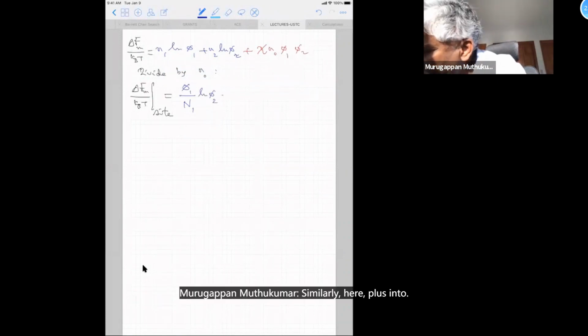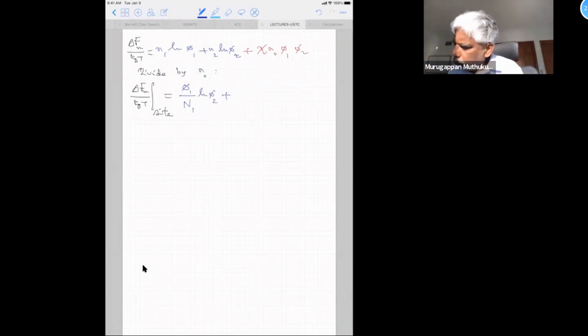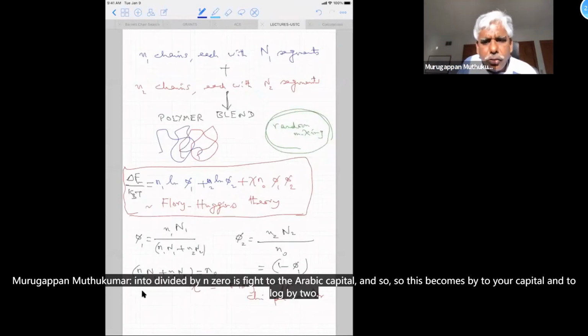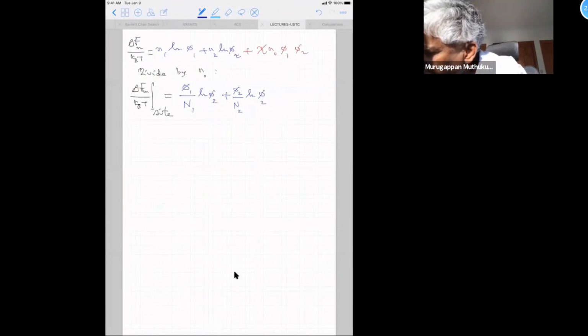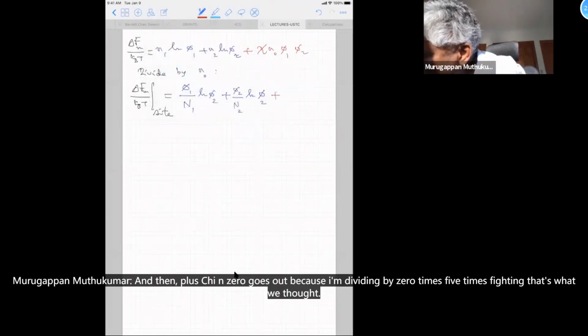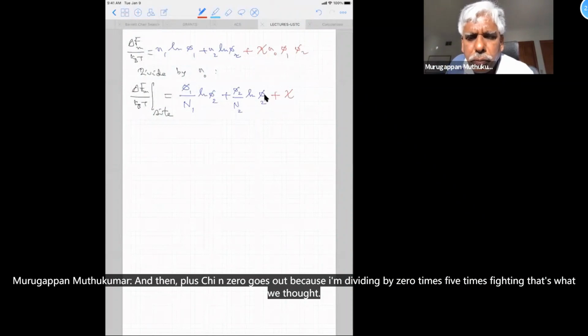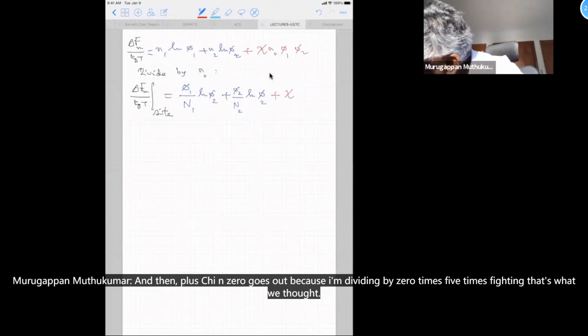Similarly here, plus N2 divided by N0, which is phi 2 divided by capital N2. So this becomes phi 2 divided by capital N2 log phi 2. And then plus chi, N0 goes out because I'm dividing by N0, chi times phi 1 times phi 2. That's what we have.